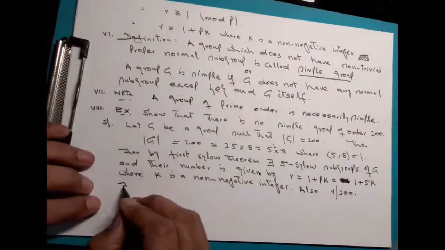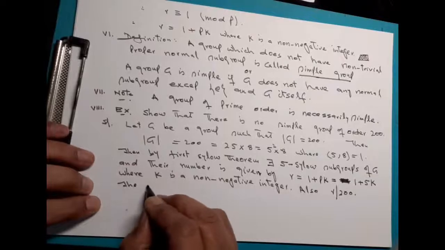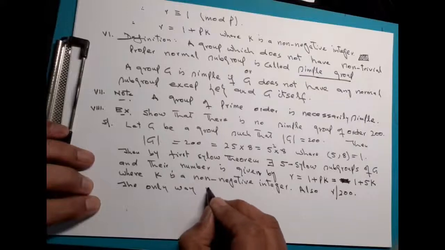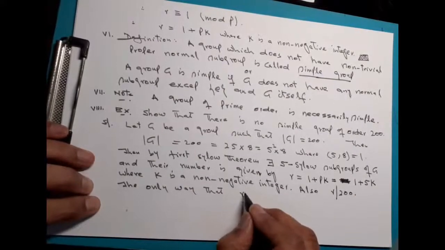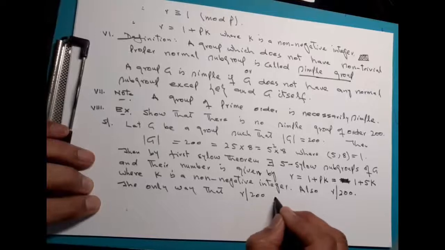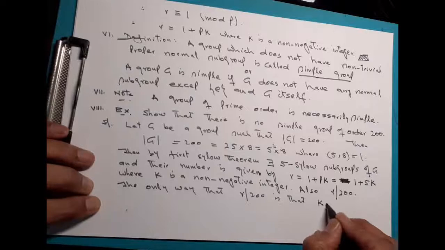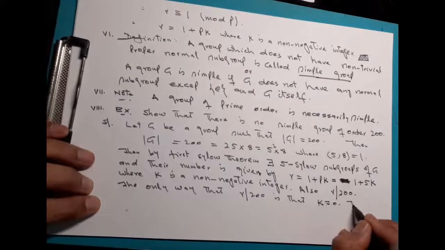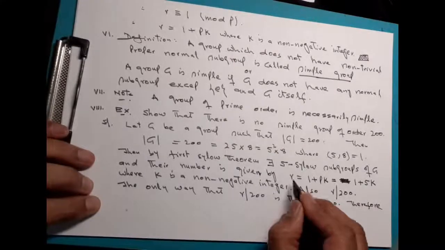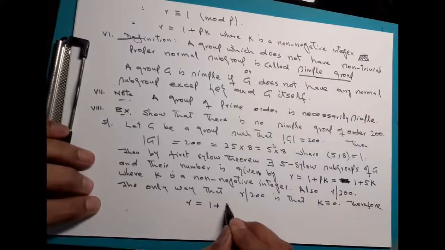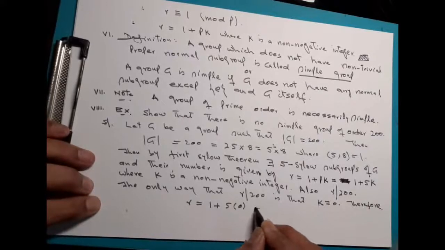Therefore R is equal to 1 plus 5 into 0, and this is equal to 1.